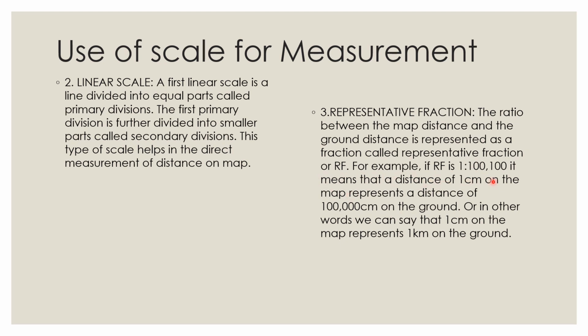For example, if RF is 1 is to 100,000, it means that a distance of 1 centimeter on the map represents a distance of 100,000 centimeter on the ground. Or in other words, we can say that 1 centimeter on the map represents 1 kilometer on the ground.